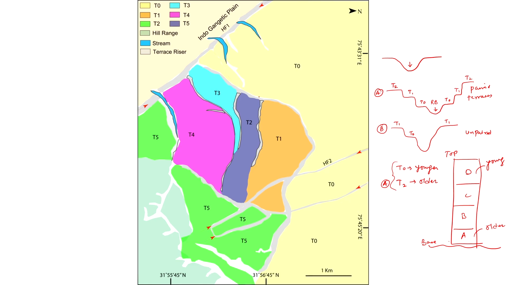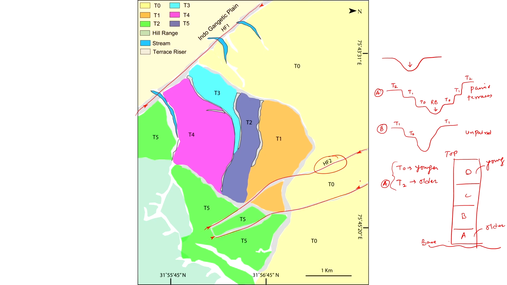This is the boundary of the channel, a paleo channel again. And we have T1, T2, T3, and T4, and they have been dissected by these faults, which have been marked by red arrows. So this is a fault topography here. One goes here, another goes here.